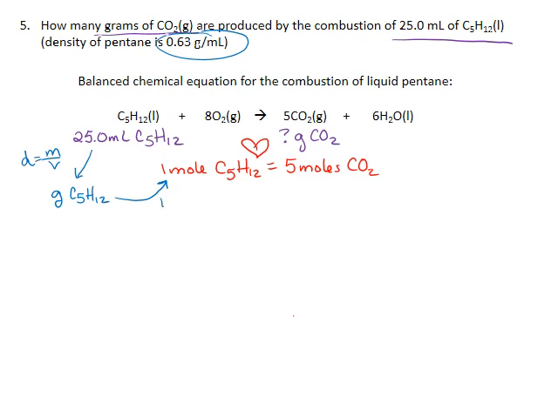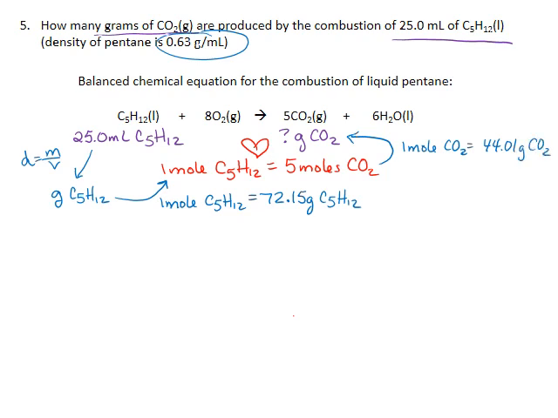As we saw in the previous problem, 1 mole of pentane weighs 72.15 grams. We'll also need the conversion between moles and grams of carbon dioxide. Now we have the full strategy to solve this problem.